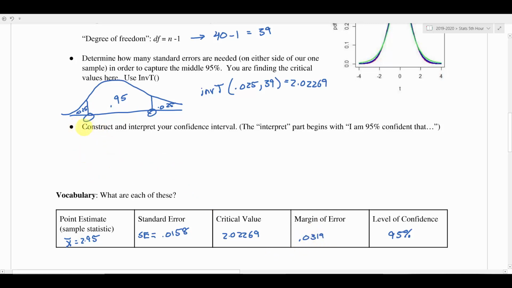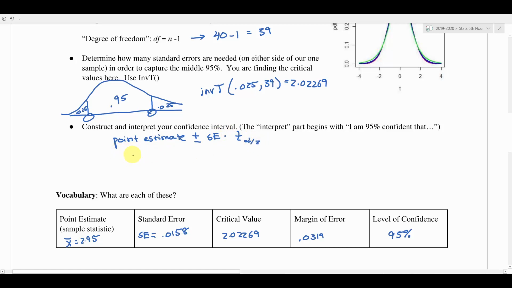Again, our recipe for a confidence interval is to take our point estimate plus or minus the standard error times our critical value. We'll call it t alpha over 2.